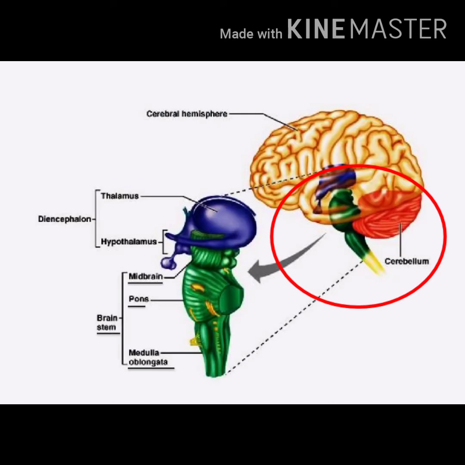In the brain, this region is called the whole brain stem. Here the midbrain, pons, medulla oblongata, hypothalamus and thalamus are included. Thalamus and hypothalamus are collectively called the diencephalon, which takes the violet color part, and the green colored part takes the brain stem. Let's see the midbrain, pons and medulla oblongata one by one.